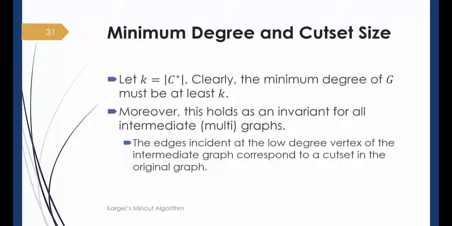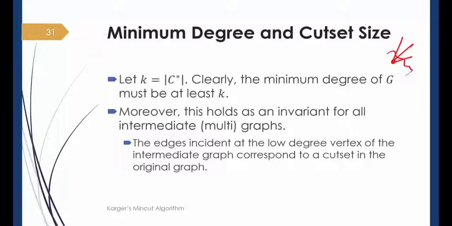Because if the minimum degree was something less than k, then you have a smaller cut. So, for example, if k is 5, but if one of the vertices has degree just 3, well, that is a contradiction, because you have a cut of just size 3. So, the minimum degree of G must be at least k.